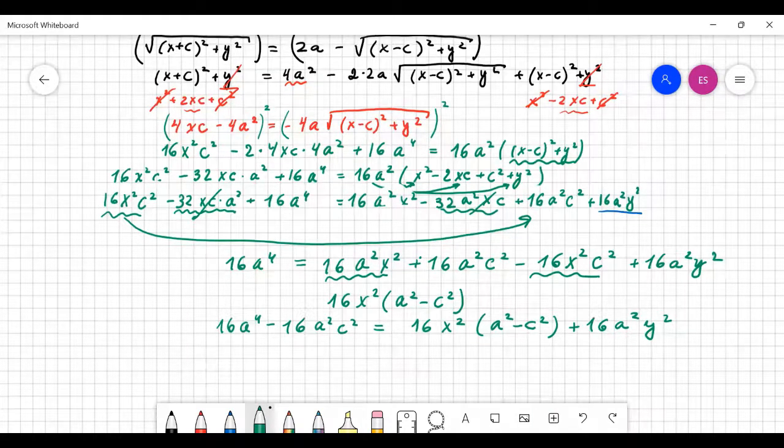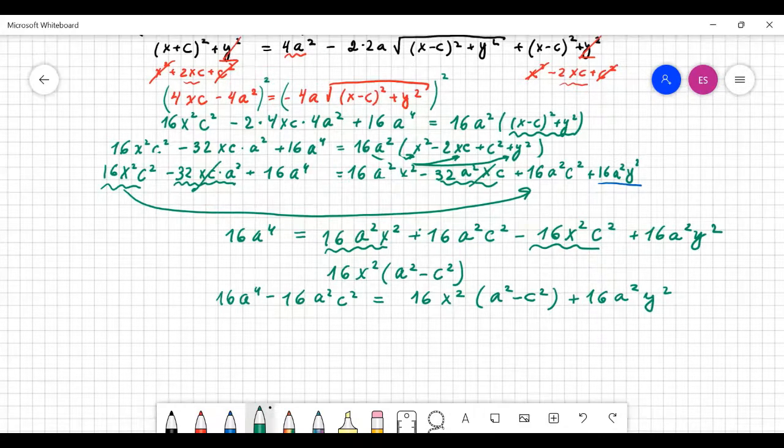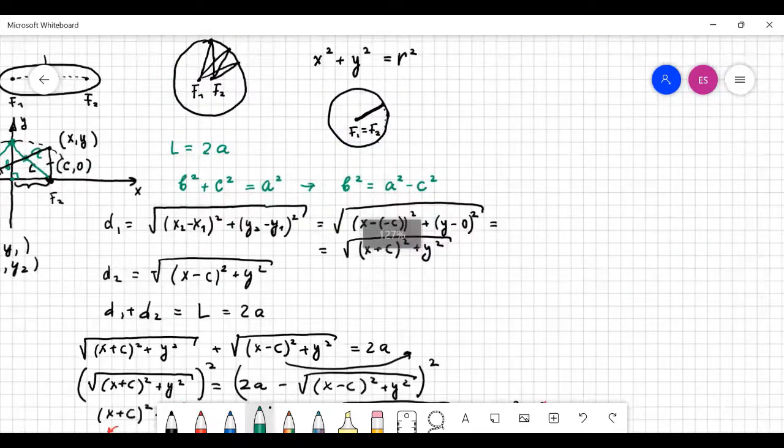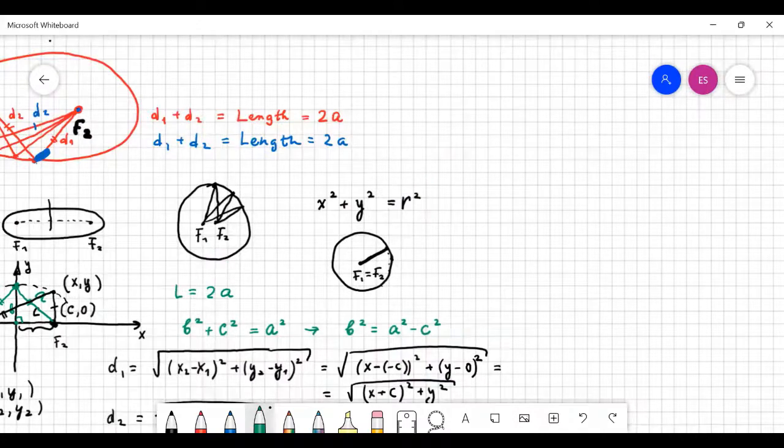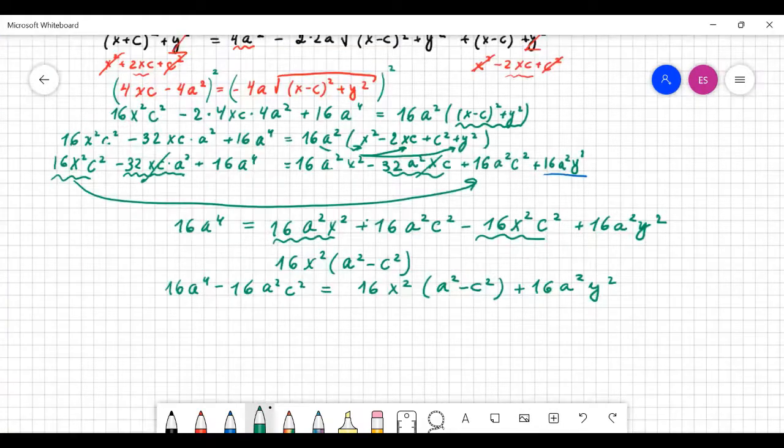Well, what I'm going to do first, I'm going to recall that somewhere in the beginning I told that a squared minus c squared is going to be b. B is going to be the distance to the middle of the top of the ellipse. So I'm going to label it over here as b squared.